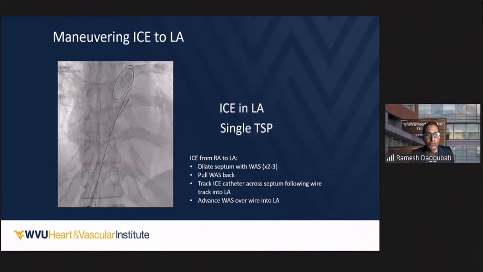Initially, we were struggling placing the ICE catheter in the right atrium, but once we place the ICE catheter in the left atrium, it becomes much simpler. You just do one transseptal puncture, put 2 wires, and dilate the sheath and the transseptal puncture, and the ICE catheter, even without a wire, just goes in easily without any problem.